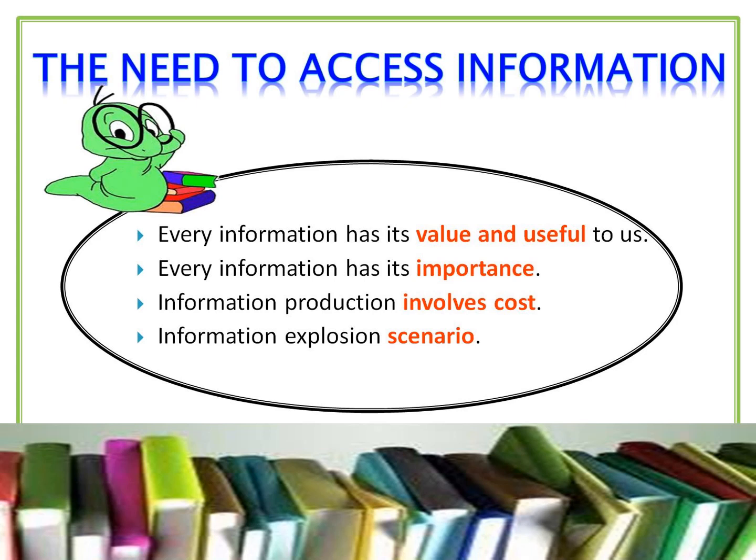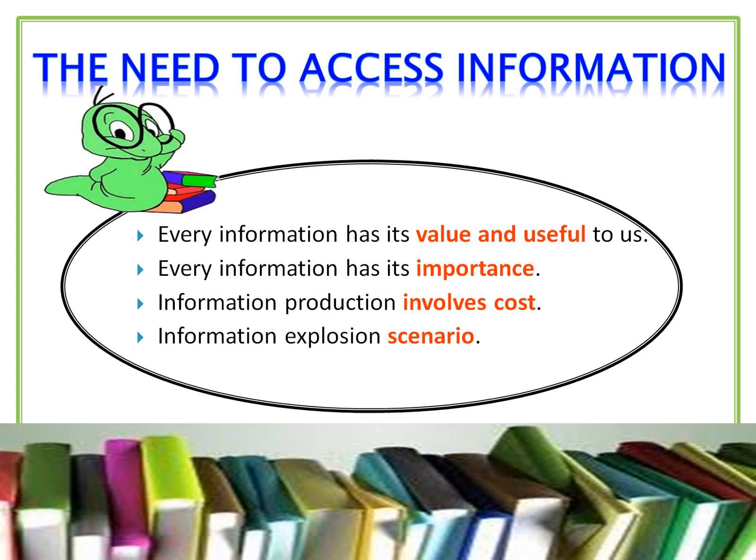The second one, we need access to information because every information has its importance, meaning that this information is significant and important for us. And the third one is because information production involves cost.